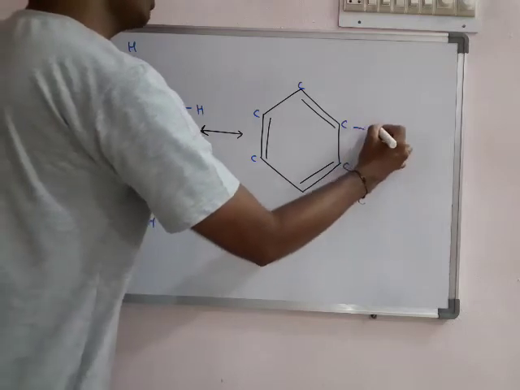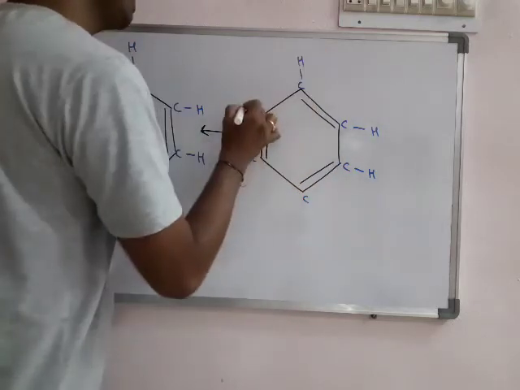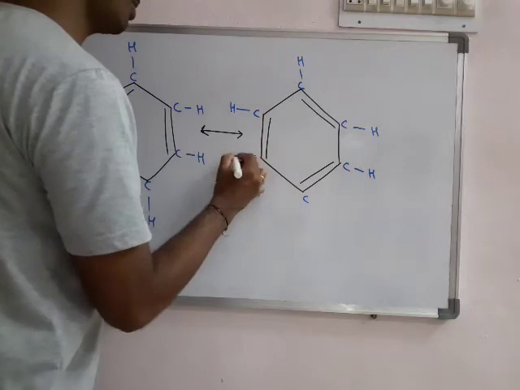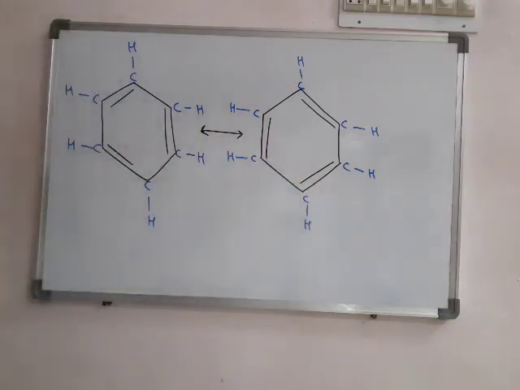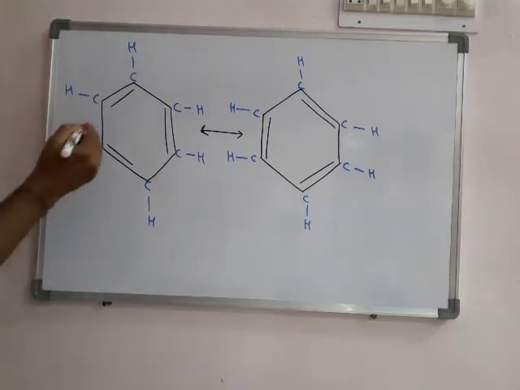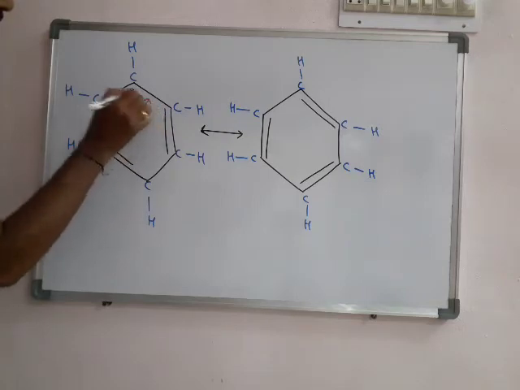There is no change in the position. Just observe what is the change? The change is in the position of double bonds. The double bond positions change, so that appears as alternating bonds. So this bond shifted to here.